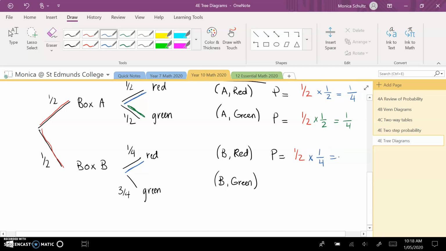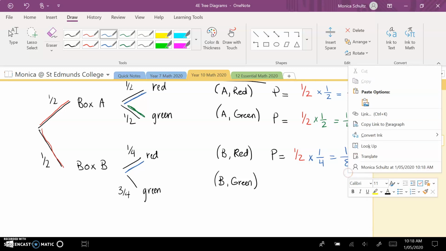If I do half times a quarter, then I have 1/8. Remember, when you're timesing your fractions, you're timesing the tops, 1 and 1, times the bottoms, 2 and 4. So 2 times 4 equals 8.